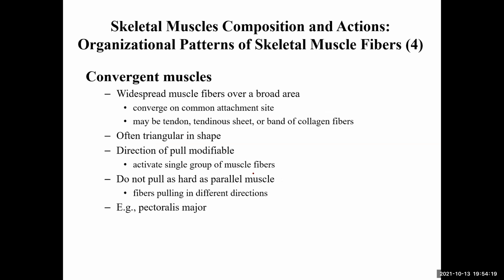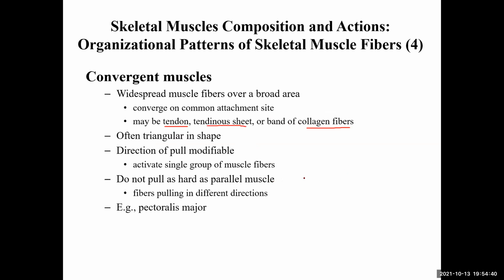Convergent muscles, like the title infers, you're going to have these muscle fibers converging onto a central point here. In some cases, it can be a tendon, but it's not limited to a tendon. It can also be a tendinous sheet, almost like an aponeurosis, or it could just be some collagen fibers.